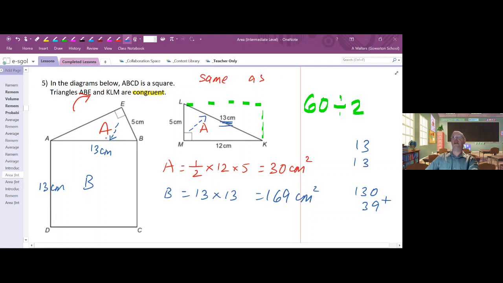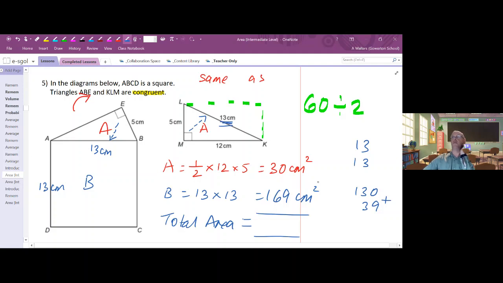So we've got the area of A is 30, and the area of B is 169. How do we work out the total area? Which is what the question asks us, and I say I've covered that. The total area is found by adding these two values. Now, just putting one number on top of the other number is not showing the method.